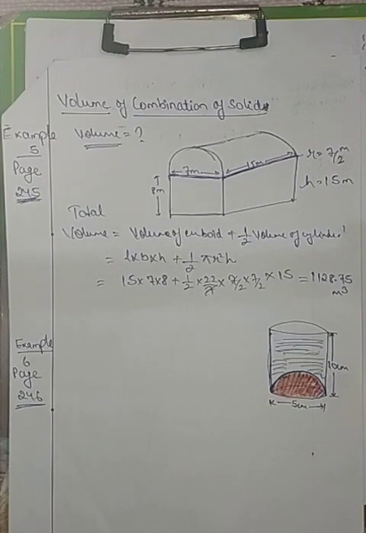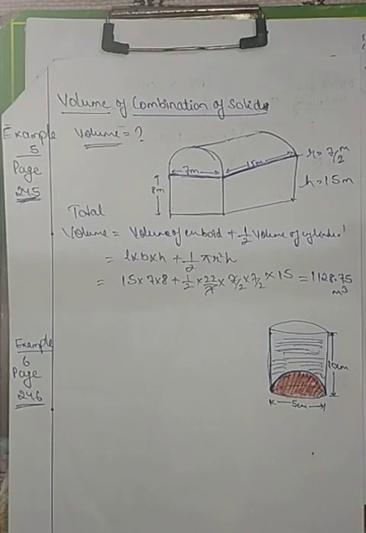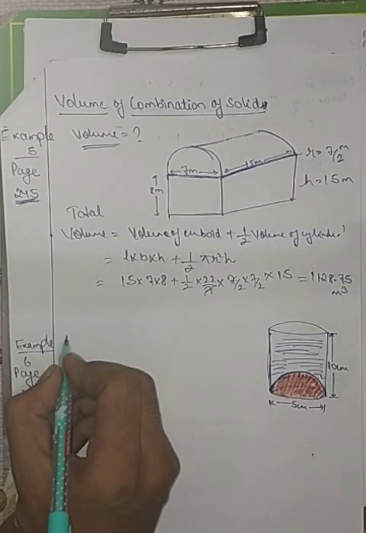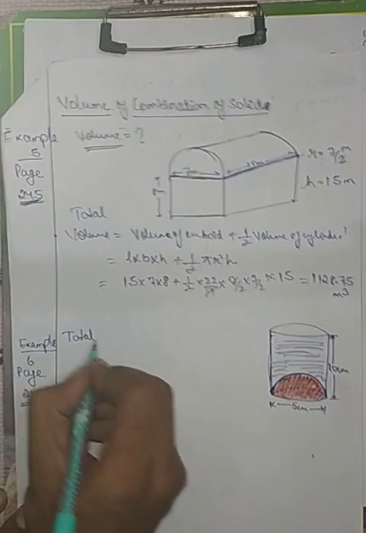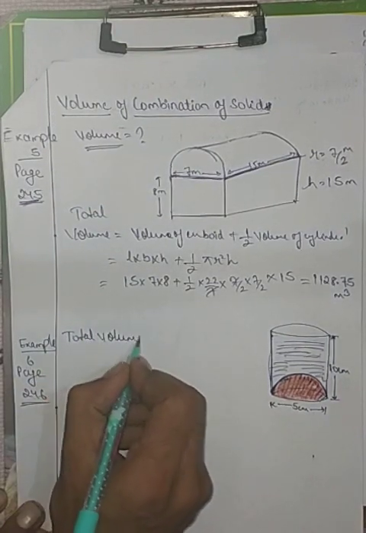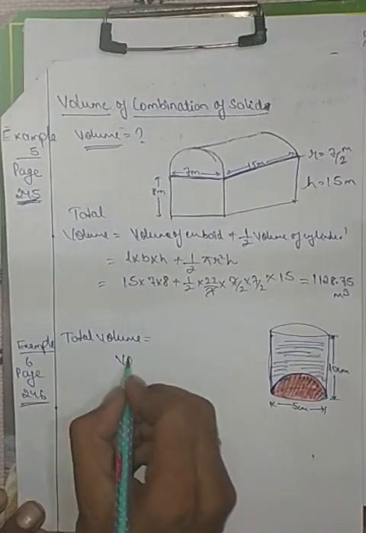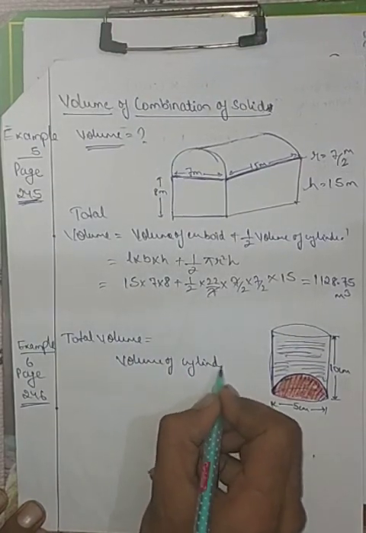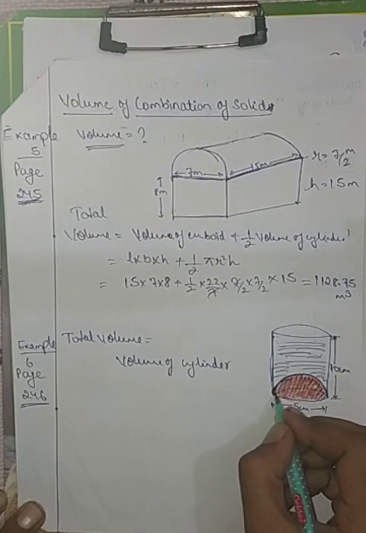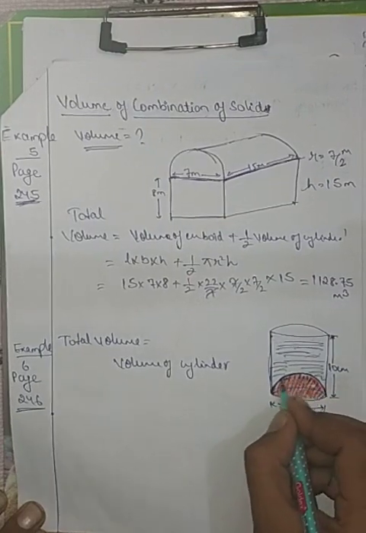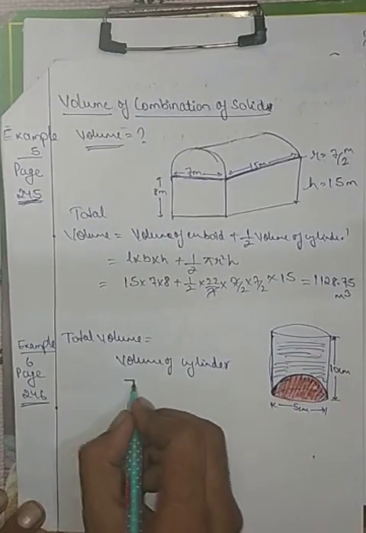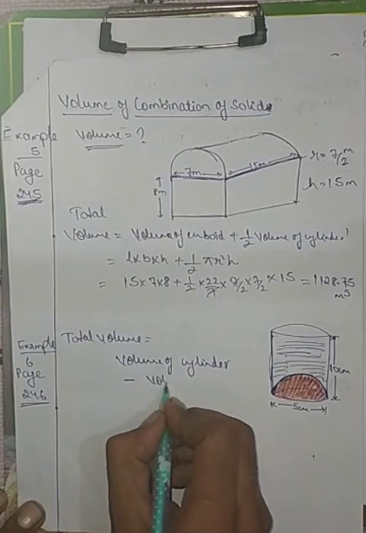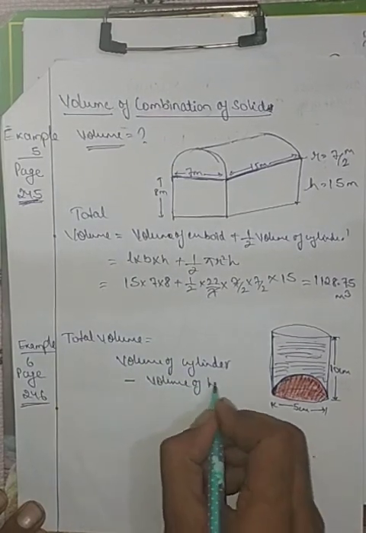So we need to find the capacity of the glass. Capacity of the glass means we need to find the volume. So total volume will be volume of cylinder, from this the space that is not filled, means this space we have to subtract, volume of hemisphere.